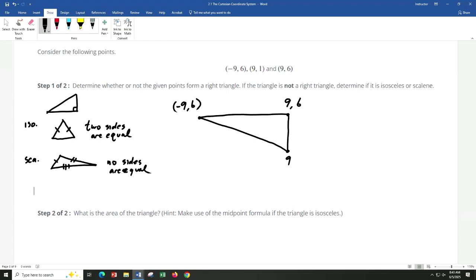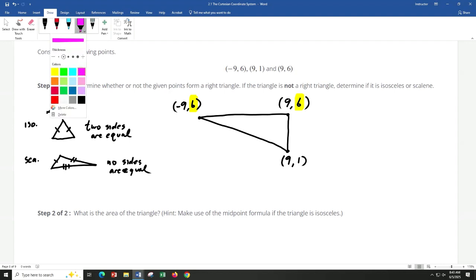And here I've got 9, 1. But I specifically want you to notice the 6s here. These 6s are dead straight from each other. The y values are dead straight. And then notice my x values here. These are dead straight. So that automatically tells me I have what? A right triangle.